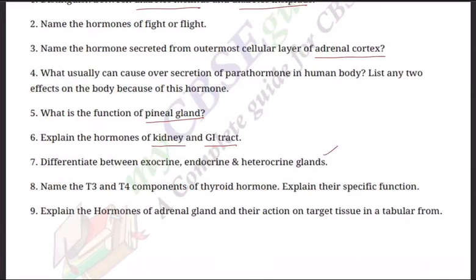Question 7: Differentiate between exocrine, endocrine and heterocrine glands. This is a knowledge level question. Question 8: Name the T3, T4 components of thyroid hormone and explain their specific function. Important. And a long answer type, 5 marks: Explain the hormones of the adrenal gland and their action on target tissues in tabular form.